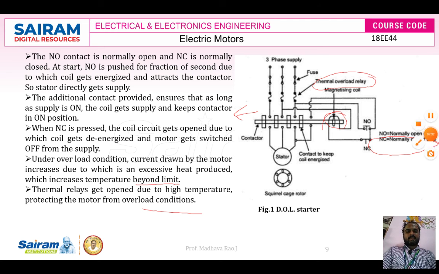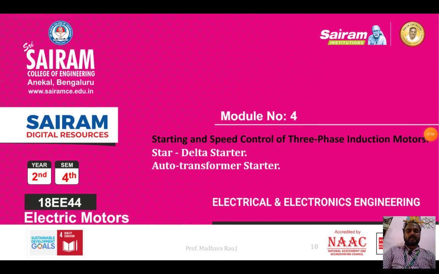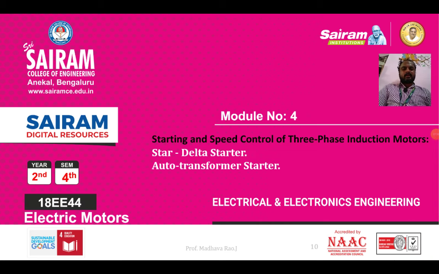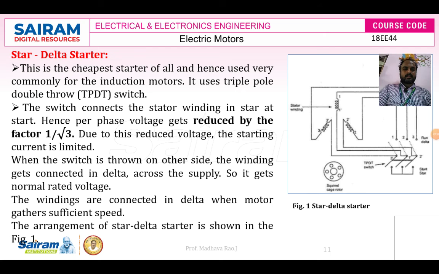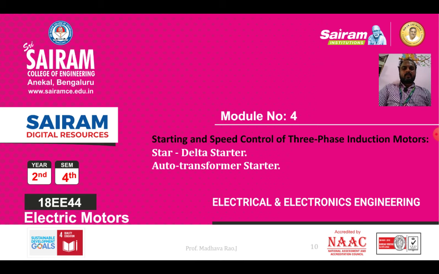In the next video, we will discuss the star delta starter and the auto transformer starter. These two methods are very important and have more advantages compared to the DOL starter. These starters can be used for high rating induction motors, more than 5 HP.